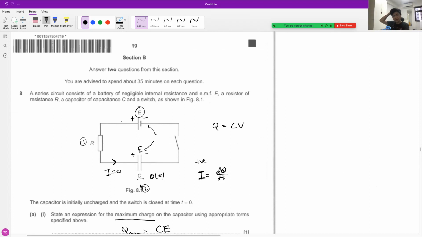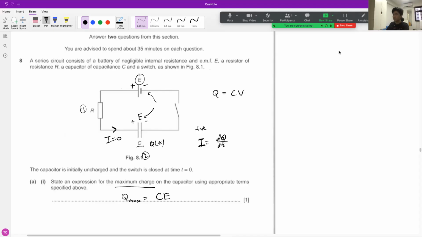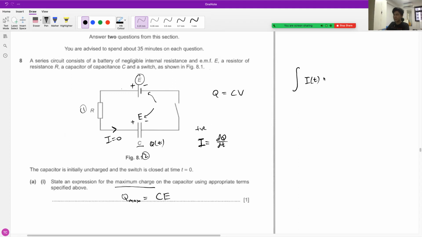So in order to find the total work done, we need to do an integral. The total work done by the battery, instantaneously, is going to be equal to I as a function of time times E, but E is just constant, and we integrate with respect to dt.